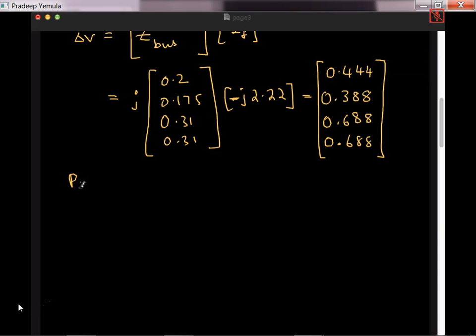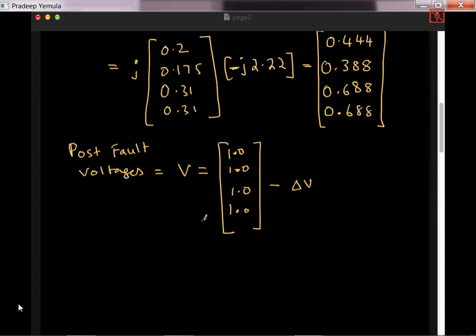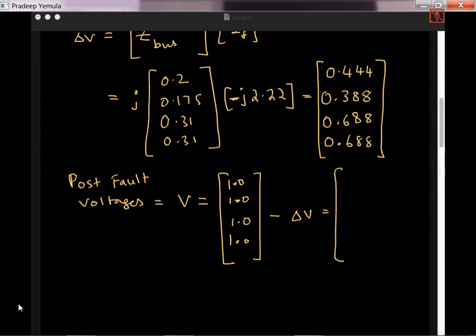So therefore, the post fault voltages are nothing but the original voltages, that is 1 per unit, minus delta V. By the way, if the load flow solution is given and the voltage values are given, we should use those values. But if the information is not given, we'll take the original voltages to be 1 per unit. So what is 1 minus 0.444?